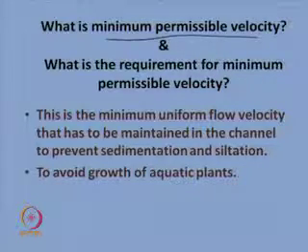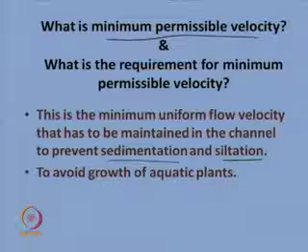We had already hinted earlier, it is the minimum uniform flow velocity that has to be maintained in the channel to prevent sedimentation and siltation. This is called the minimum permissible velocity for the designed non-erodible channel.